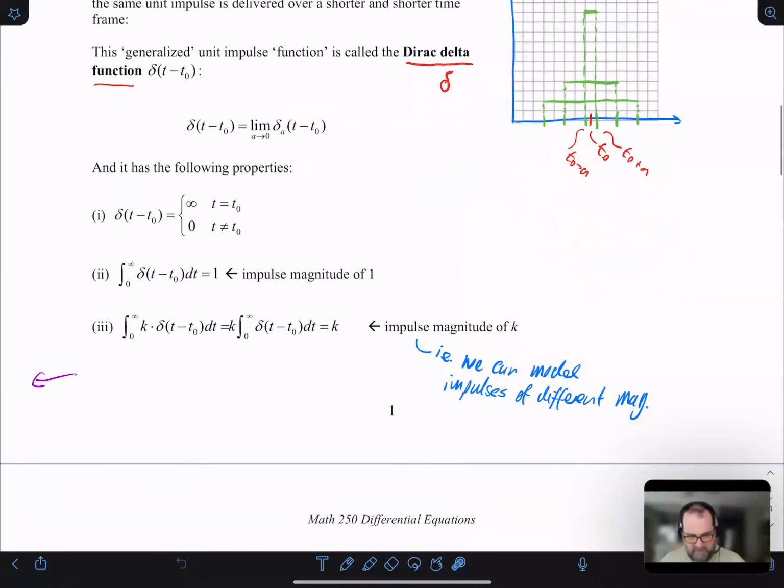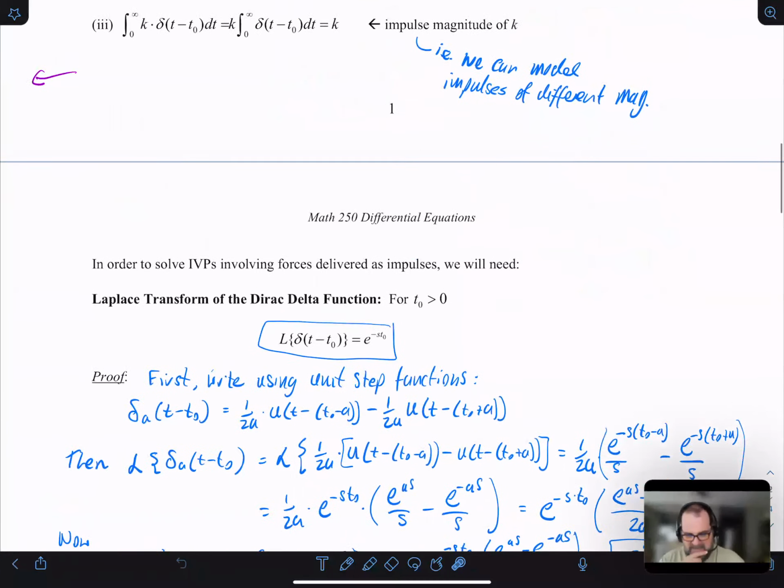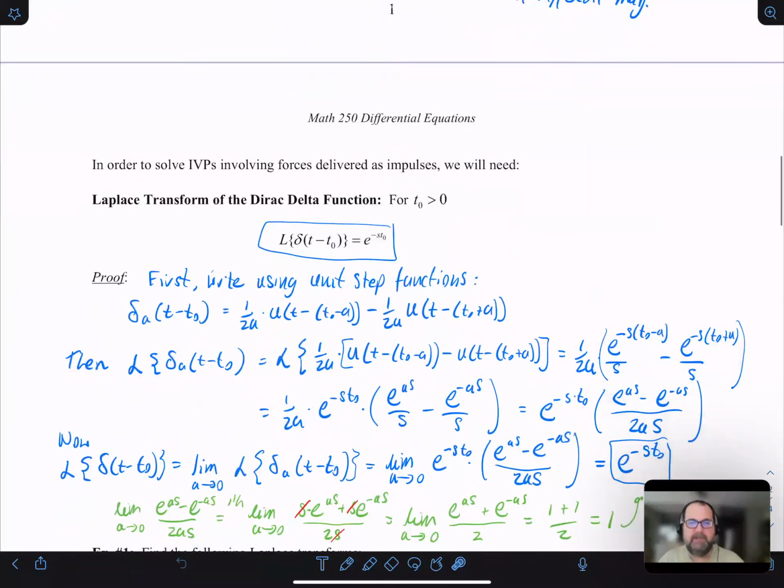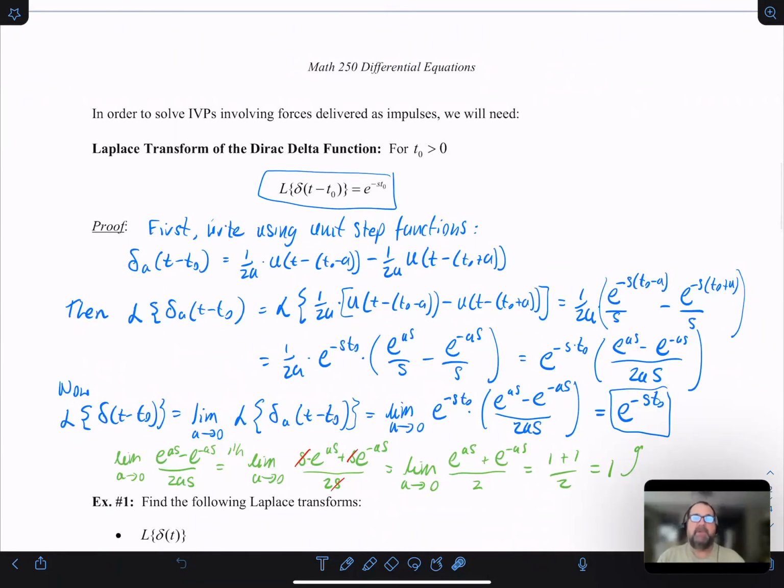All right, so once we have this idea, clearly in order to solve initial value problems for second order DEs with forcing functions that could include impulses, what we need is to be able to come up with the Laplace transform of this Dirac delta function.